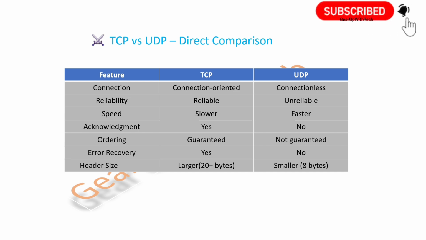Ordering: TCP guarantees data will be delivered in order, but in UDP we do not have that guarantee. Error recovery: TCP checks for error recovery, but UDP does not. Header size: TCP has a larger header size than UDP.